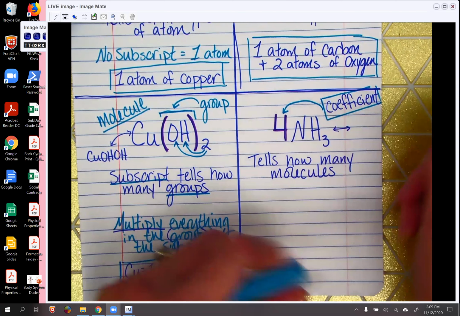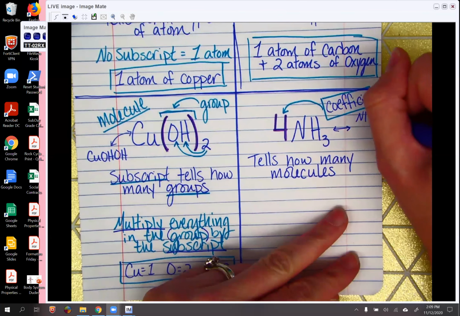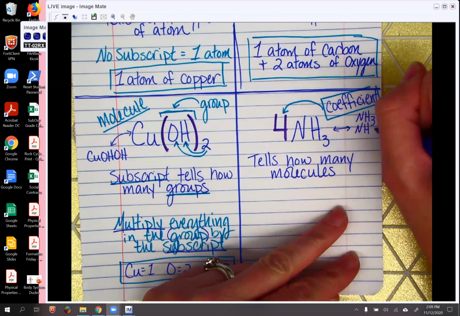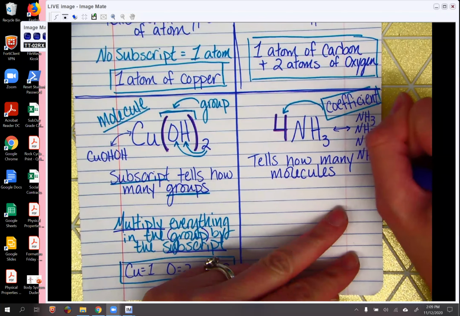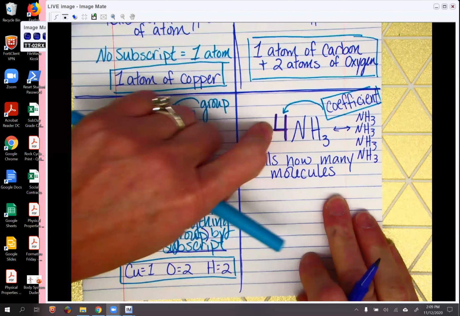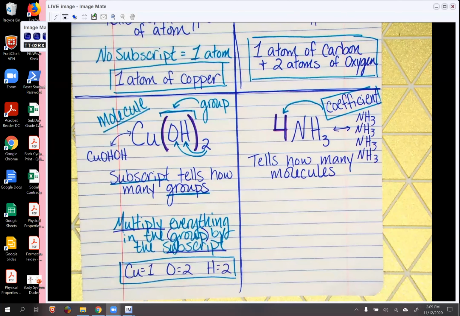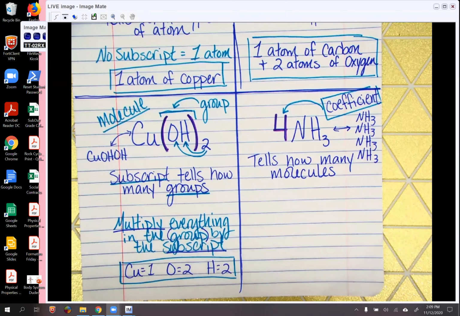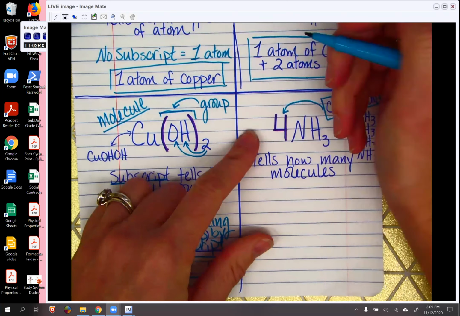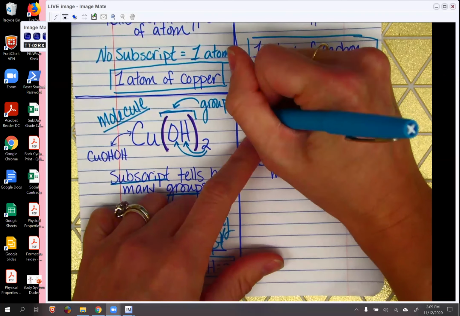So that's the same as NH3, NH3, NH3, NH3. I have 4 molecules of ammonia. So when you see a coefficient, you should be thinking molecules, plural.